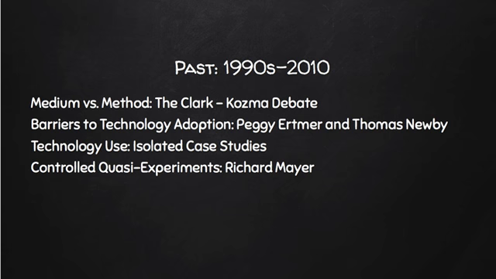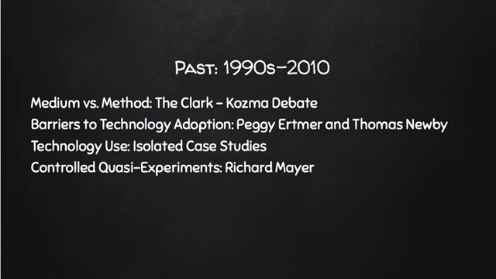So another area, technology use, but research was on it in isolated case studies. So it was more about practice, how it was used. For instance, there was a lot of research on whiteboards in the classroom, interactive whiteboards, talking about how a particular teacher or a group of teachers integrated or used those tools in the classroom.